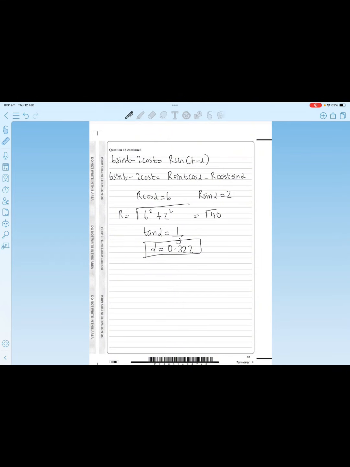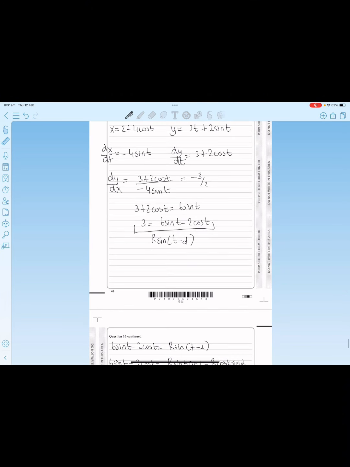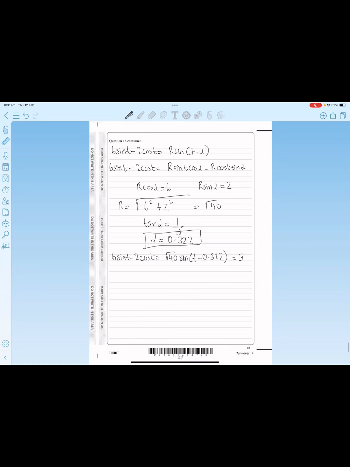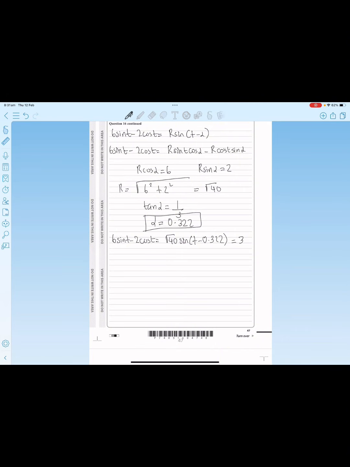Now that I have my value of alpha, I can write out my entire model. So I can write 6 sine t minus 2 cos t equal to root 40 sine (t minus 0.322). Now I wrote earlier that 6 sine t minus 2 cos t is equal to 3, so sine (t minus 0.322) is 3 over root 40.